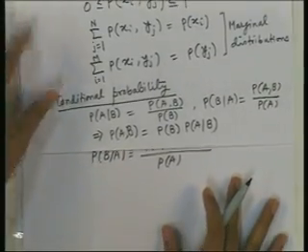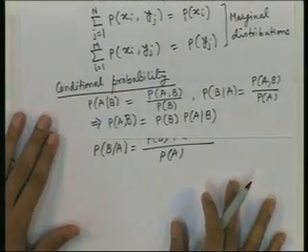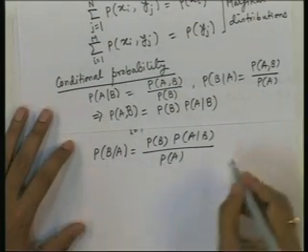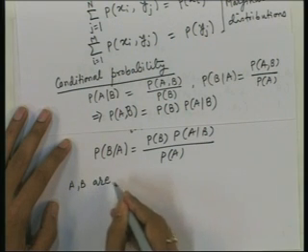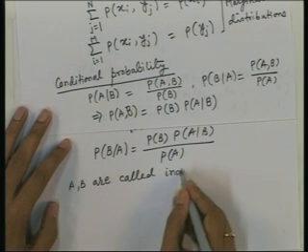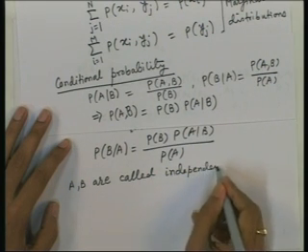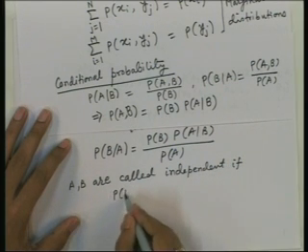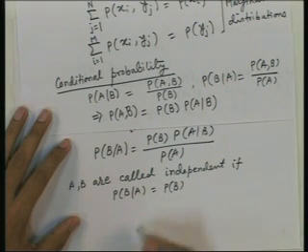Okay. Now, if two events A and B are there, they are called independent if PB given A is PB.